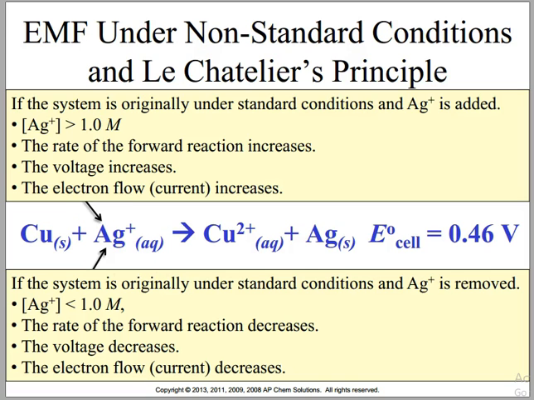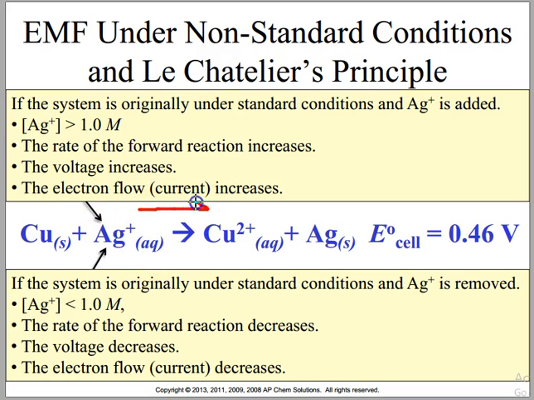Okay? So let's look at this equation right here. Copper is oxidized and silver is reduced. Okay? Thermodynamically favored process. Now we can look at this from Le Chatelier's principle. If the system is originally under standard conditions and silver ion is added, we're adding reactants, which will shift the reaction to the right, then the rate of the forward reaction increases, the voltage increases, electron flow increases.